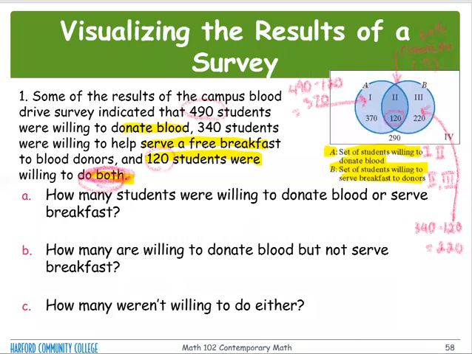For part A, it asks how many students were willing to donate blood or serve breakfast. Pull out the key term. The key term is the word or. Or means union. So I'm going to put a note here: or means union.